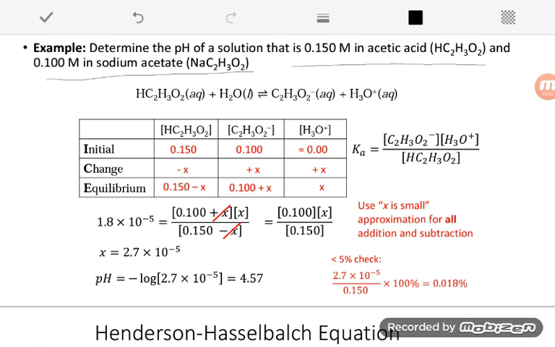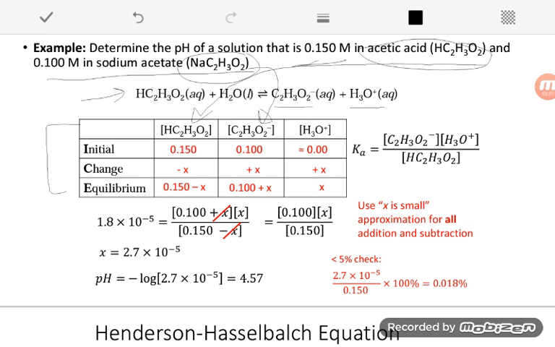So again, I can write out the equation for the acetic acid reacting with water, which we have right here. It generates that conjugate base and H3O+. I could make an ice table based on that. And the only difference from just a straight weak acid problem is that not only do we start out with some of this acetic acid, which we plug in, but we also start out with some of the conjugate base, the acetate ion.